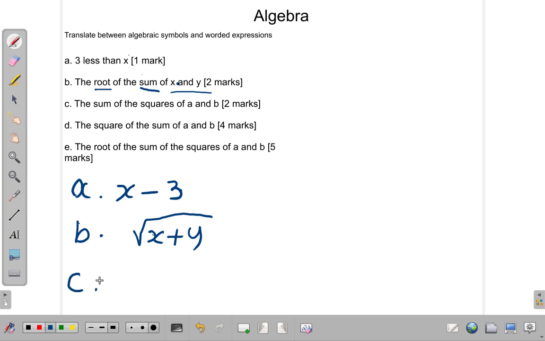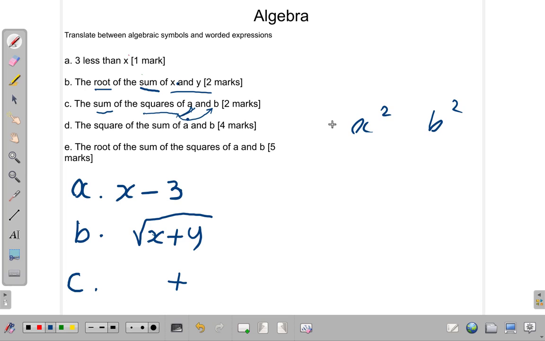Let's look at part C. The sum of the squares of A and B. The sum means you're going to add something. The squares of A and B. We have the square of A, I also have the square of B. So the square of A is A squared, the square of B is B squared. What about them?